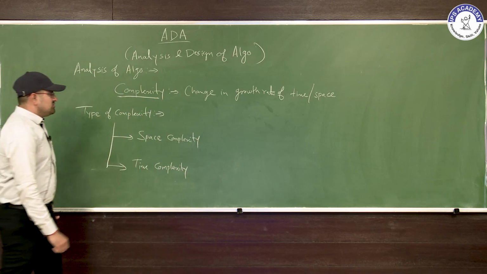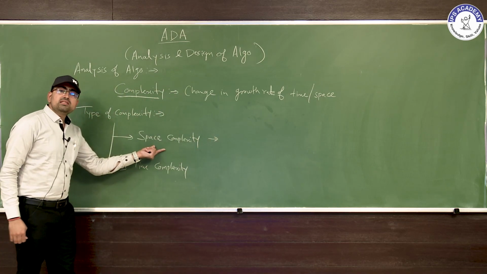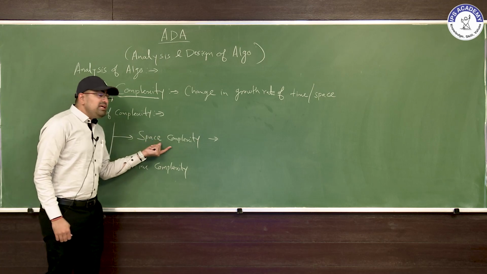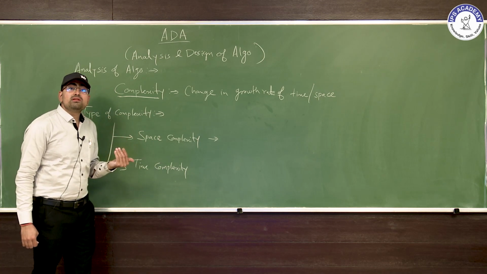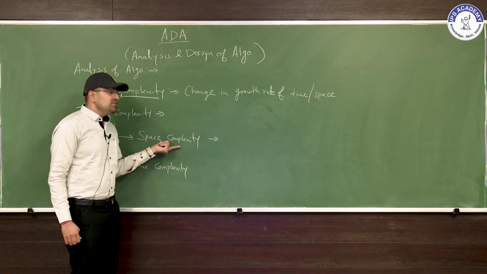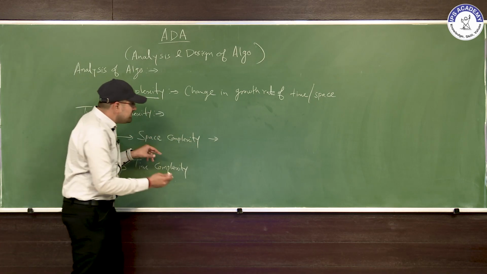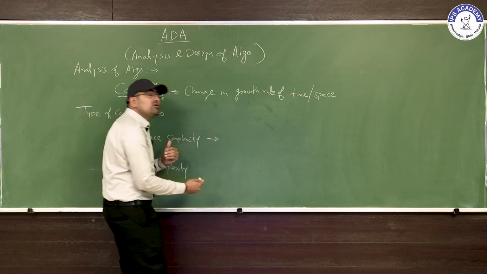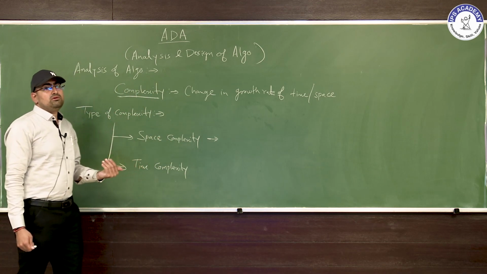Space complexity is the space required at runtime for execution of an algorithm with the change in its growth rate. So it is not only the space required at runtime for executing an algorithm, but it is the change in the growth rate of the space with change in the input for the algorithm.